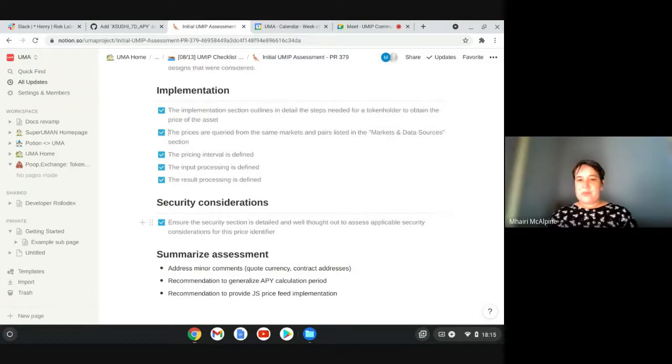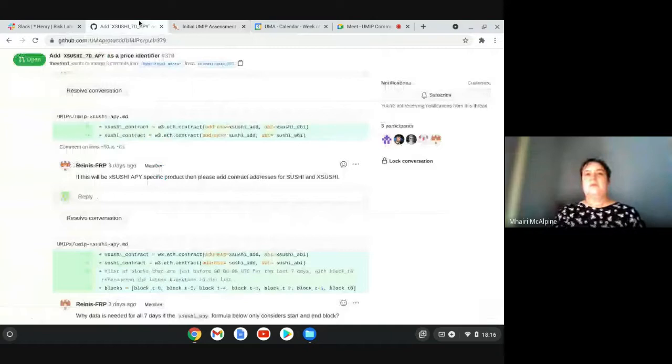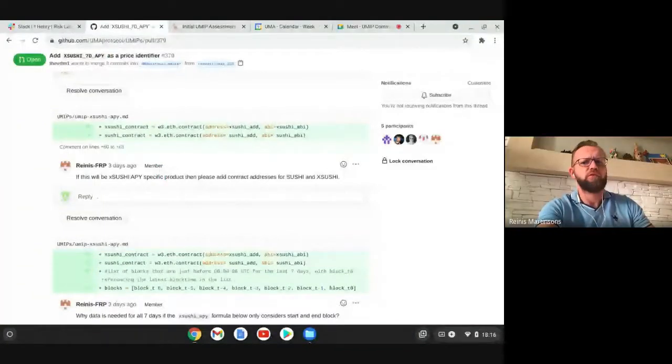There was also a couple of other minor comments. They've put the quote currency in erroneously, I think. And we need the contract addresses. That is a blocker, yes. Yes, I think for this one it should be added, but just to precisely identify which part, how to precisely calculate it, but it's nothing that couldn't be done.